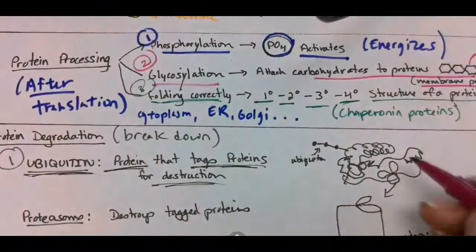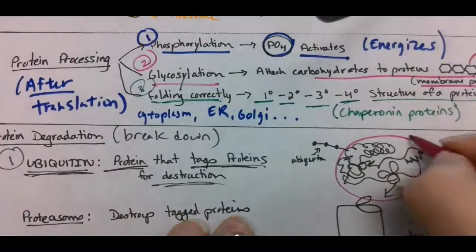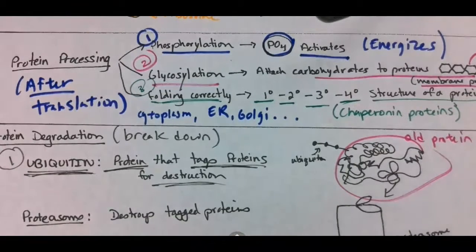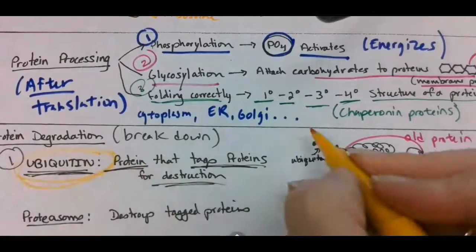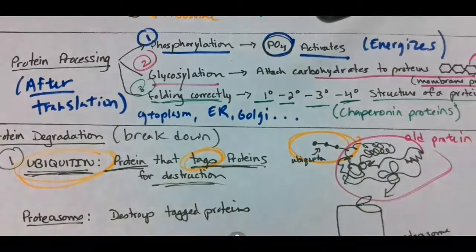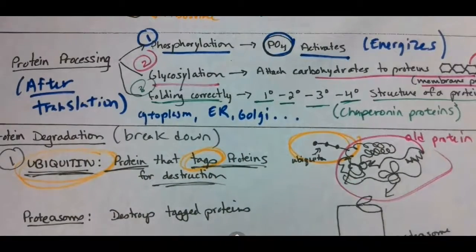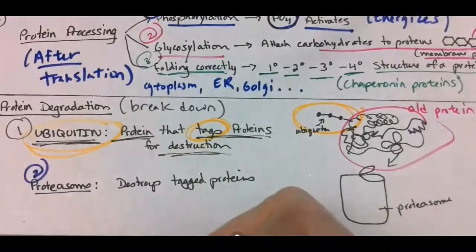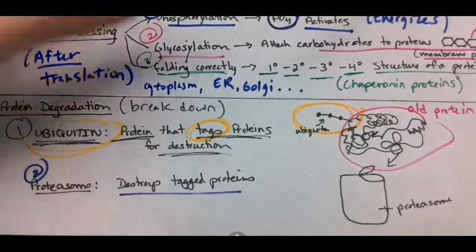So if this right here is an old protein, ubiquitin is attached to this old protein, and that tags it. That says this protein needs to be destroyed. Then an enzyme called a proteasome, a really big structure, destroys the tagged proteins.